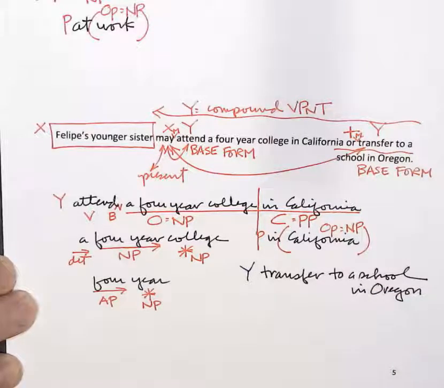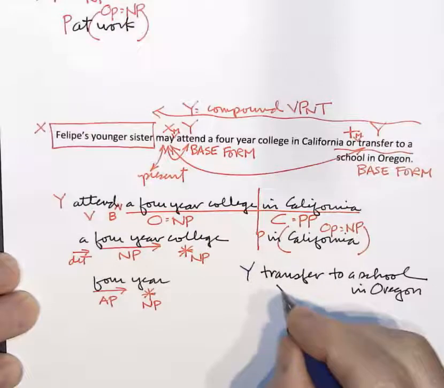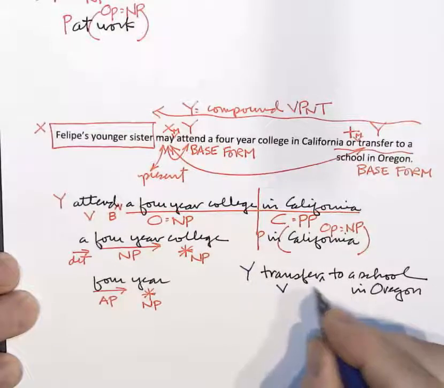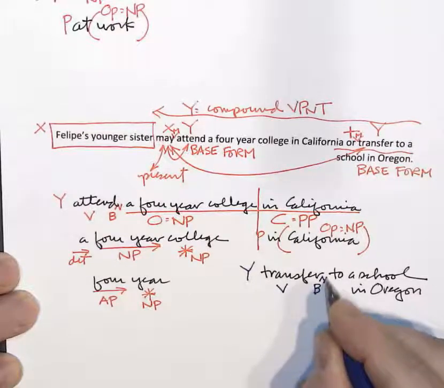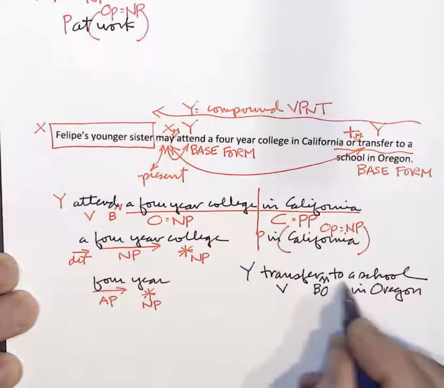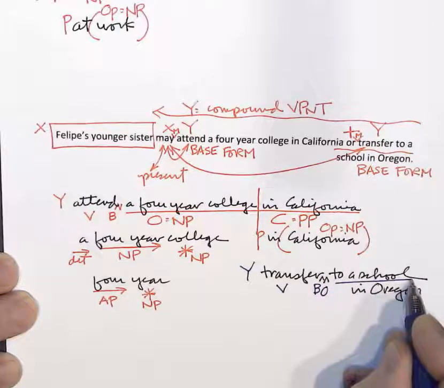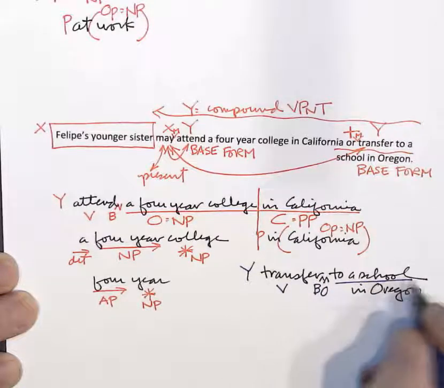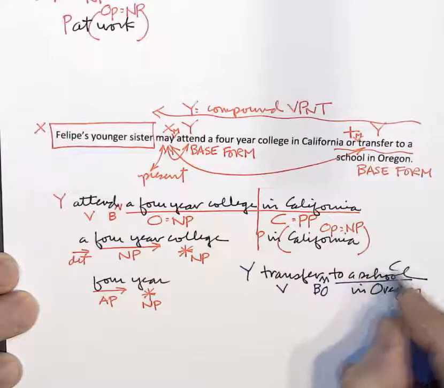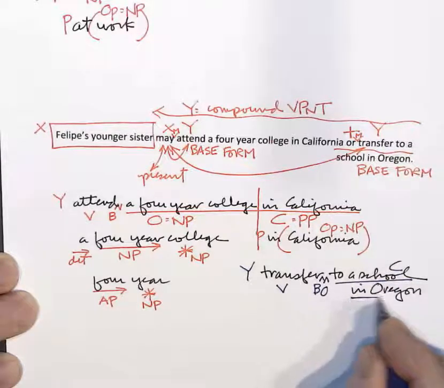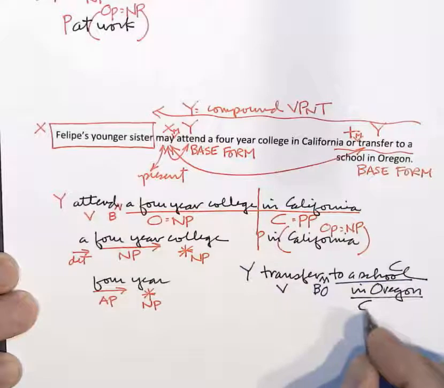Now transfer is the verb. There's no particle, there's no object, and it looks like there's actually two complements. She'll transfer to a school in Oregon.